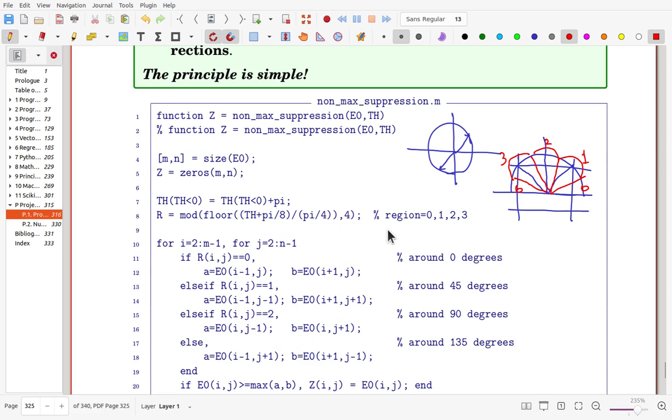It is a kind of separating regions into 4. So 0 is the region around the horizontal.